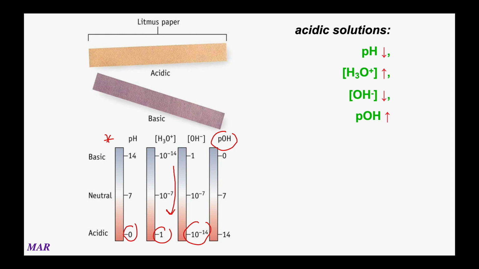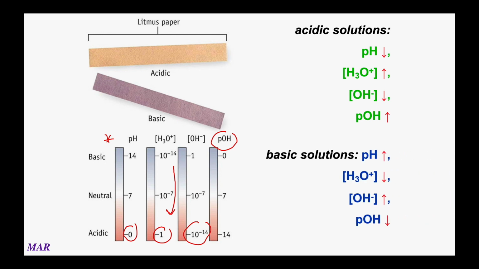Low amount of hydroxide, high pOH. So notice this back and forth kind of thing. Again, acidic solutions: low pH but high hydronium. High hydronium means low hydroxide. Low hydroxide means high pOH. Think about this in your mind. Get this clear. It makes your life a lot easier.